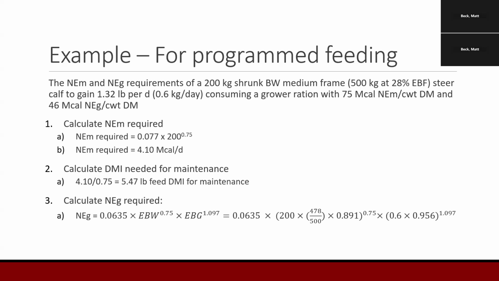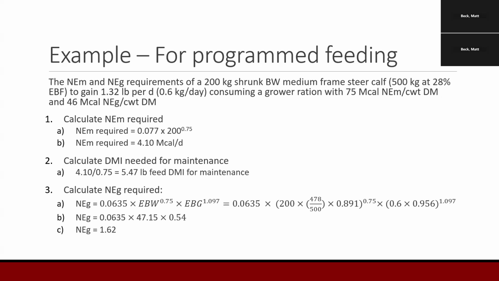We're raising that to the 3/4 power. Okay. Times 0.6, so they're gaining 0.6 kilograms per day, times 0.956. So that's going from shrunk weight gain to empty body gain, okay, to the 1.097 power. Okay, so ends up being 1.62 megacals of NEG required per day.